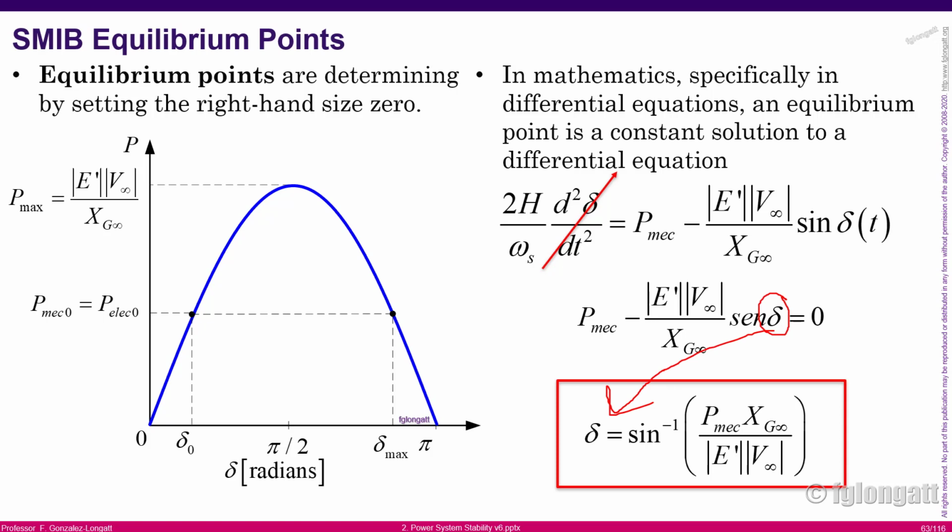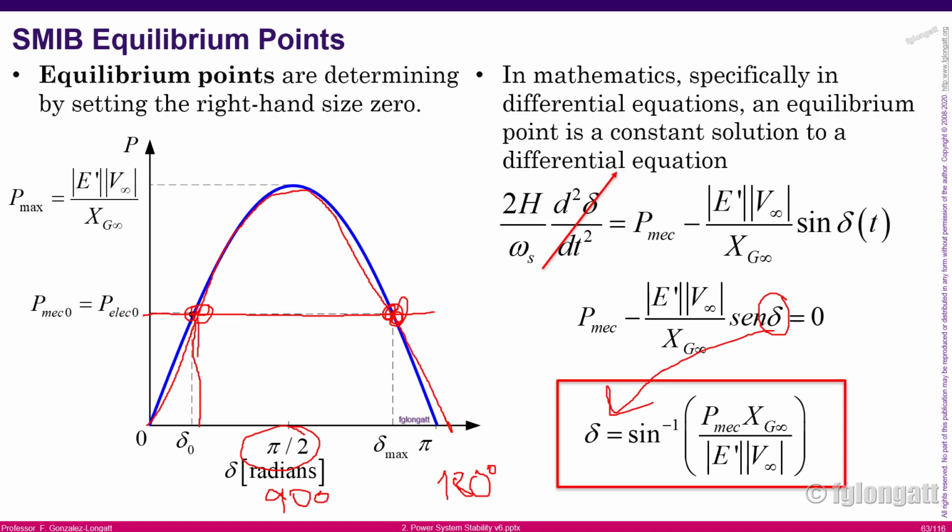The interesting thing is if we have a mechanical power and we intercept with the plot of the electrical power, there are two intersection points. One intersection point here before 90 degrees, this is in radian, but this is 90 degree, and this one is 180, okay?